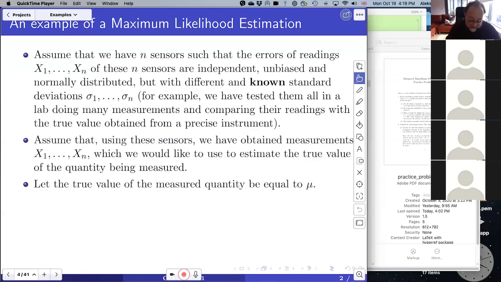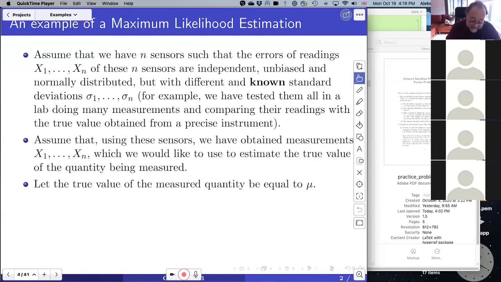But there is, of course, the central one that says if you have a bunch of identically distributed independent random variables with any probability distribution, their mean converges to the normal distribution.